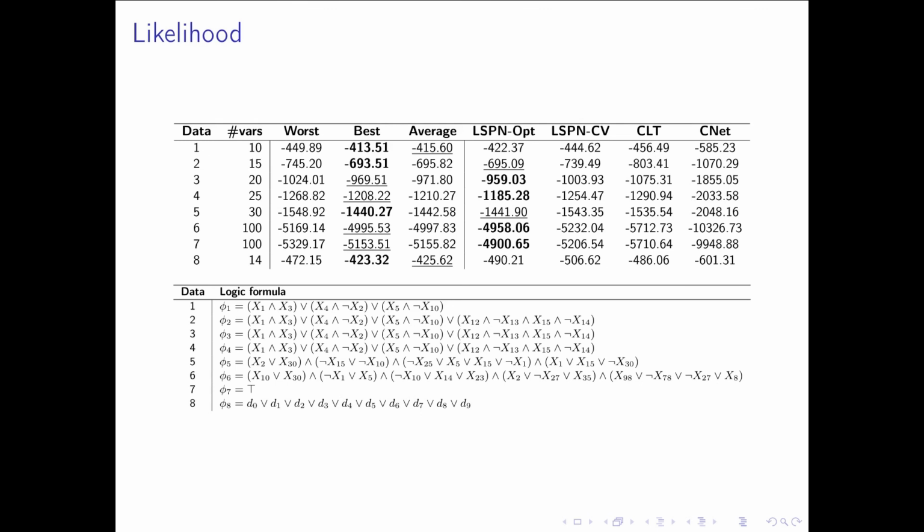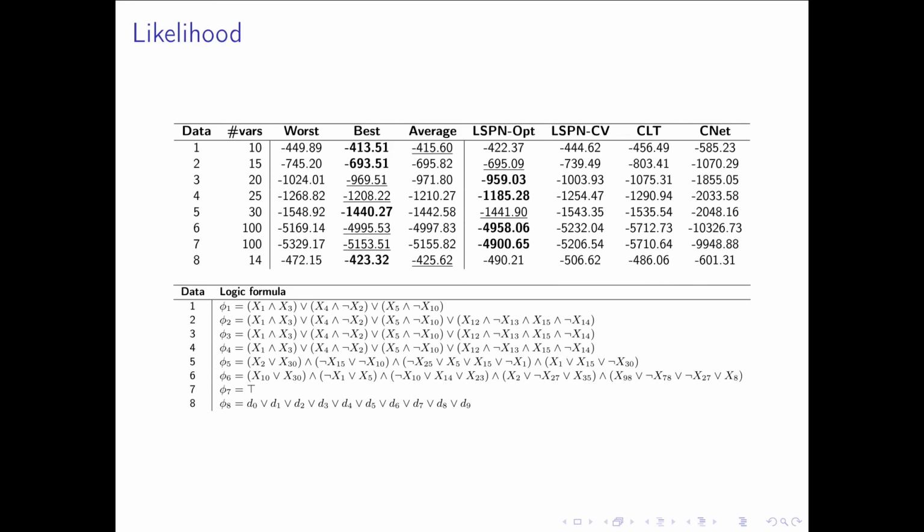And so we sampled 10 PSDDs from our algorithm to compare against other probabilistic circuits. And so we took the worst case circuit, the best case circuit, and the average of all 10 circuits.